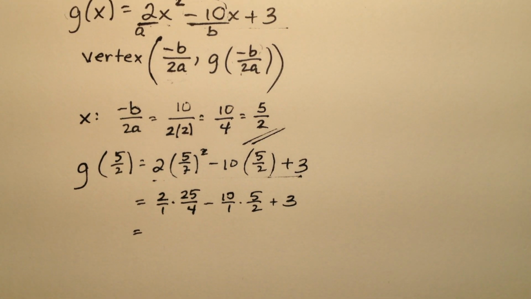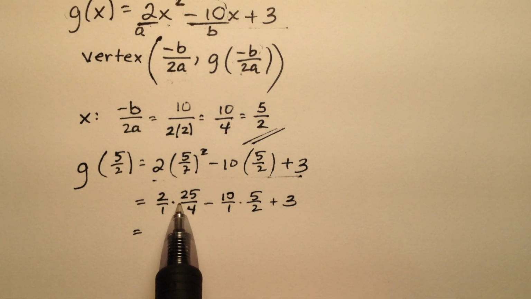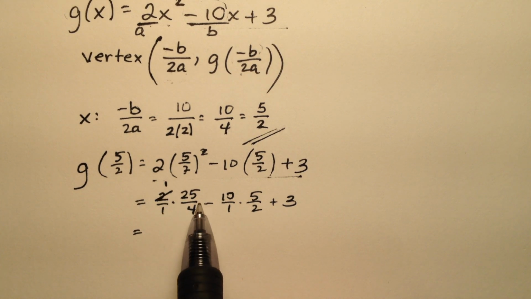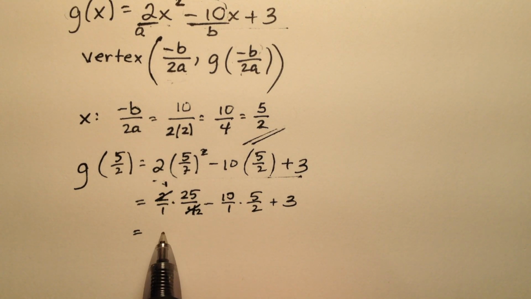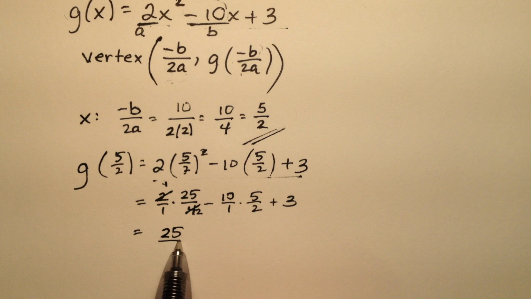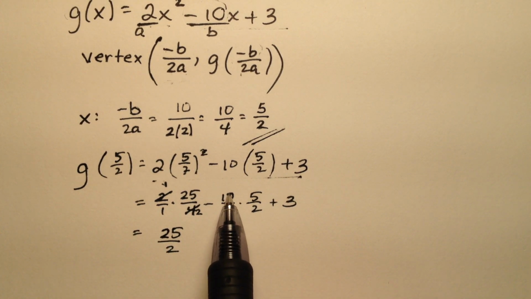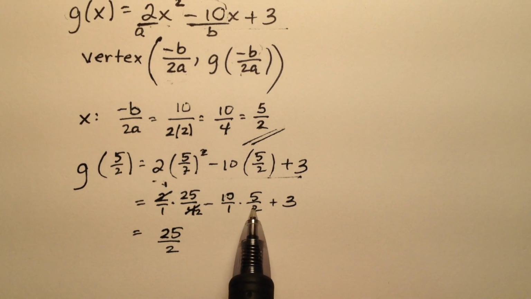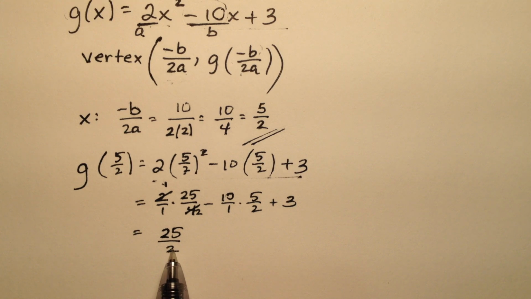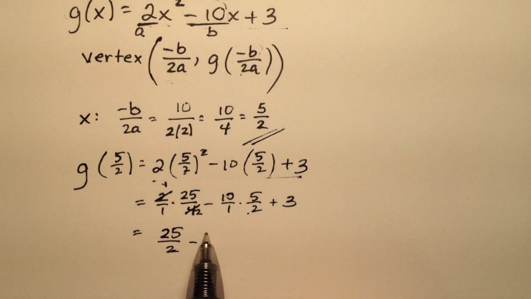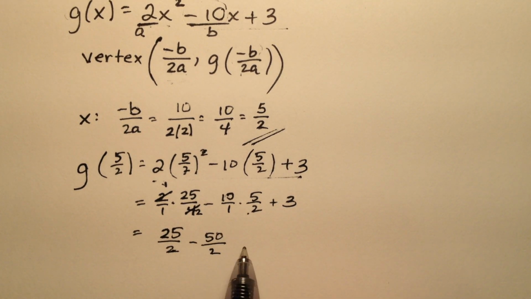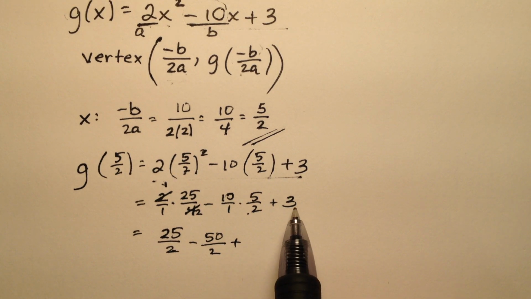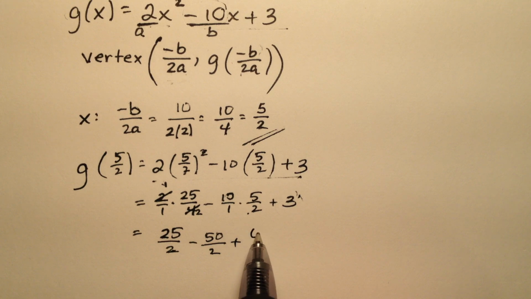So as we just continue working this, I notice here that I can reduce this fraction down to 1 and 2, so it will be 25/2. And I'm actually not going to cancel and reduce here because I'm going to keep this common denominator of 2. So I'm going to go ahead and say minus 50/2, and then plus, and in order to get this to have a common denominator of 2 with the rest of them, I'm going to say 6 over 2.